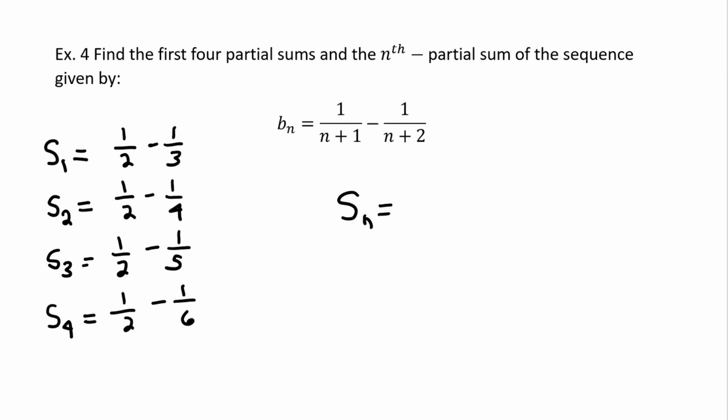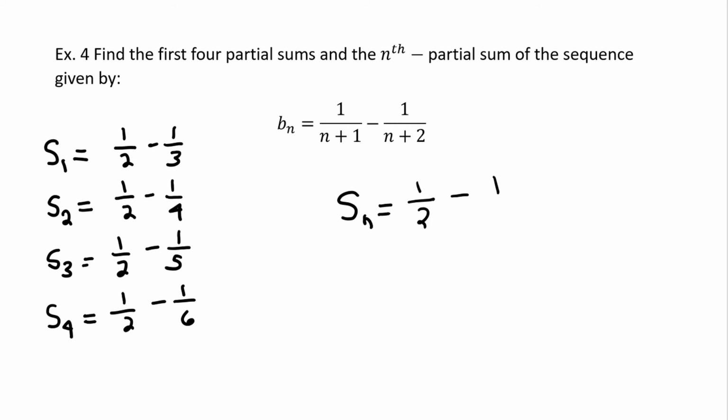And so what we do notice for the first, second, third, and fourth partial sums is that we start with 1/2. And then we're going to have minus 1 over, and we need to find a relationship between the subscript and the number in the denominator of the second term. So we notice that for 1, the subscript, the number in the denominator of the second term is 3.